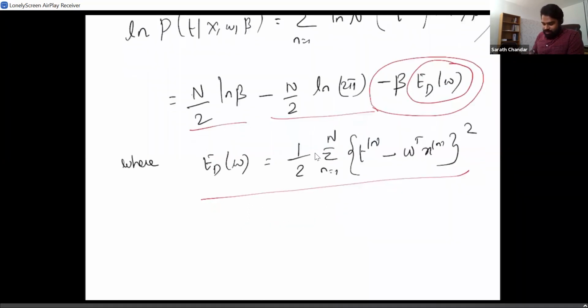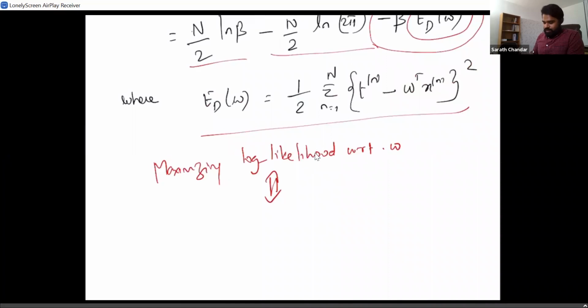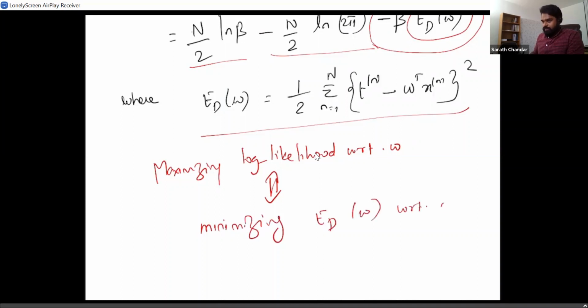So maximizing log likelihood with respect to w is equivalent to minimizing ED of w with respect to w. So doing maximum log likelihood and least squares are exactly the same if you assume that the noise is Gaussian.